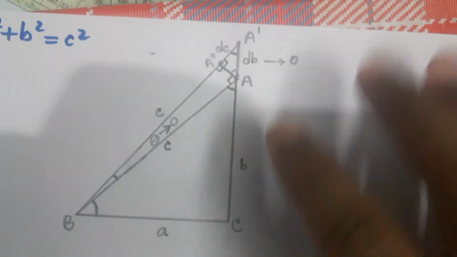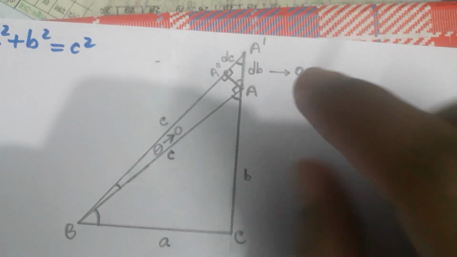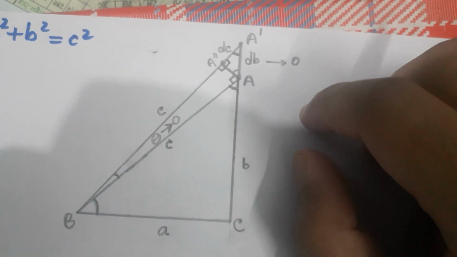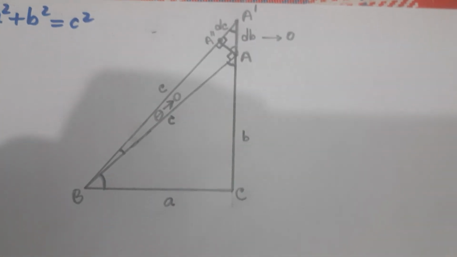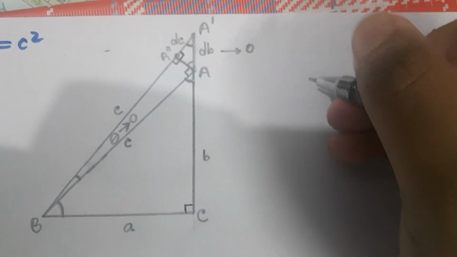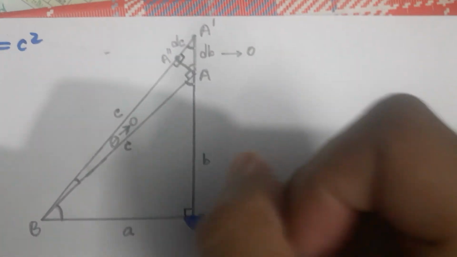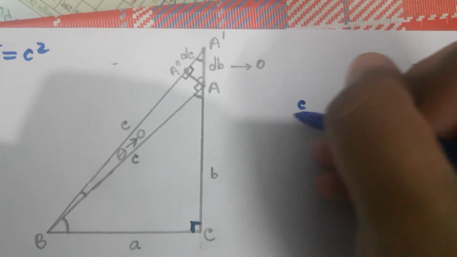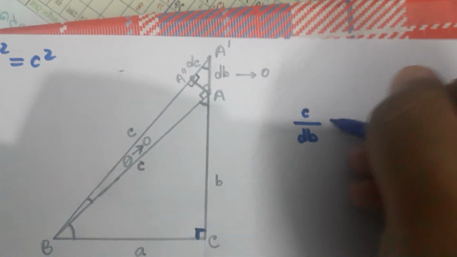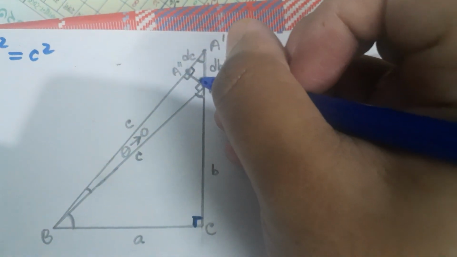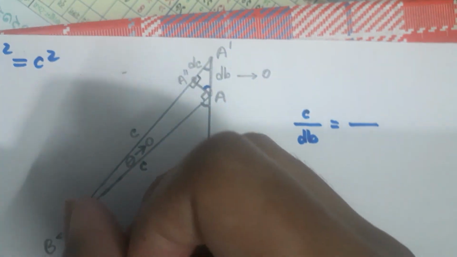We can say that ABC and A dash, A dash dash, A double dash are similar triangles. When I say they are similar, I mean the ratio of the opposite sides will be the same. This here is c and this here is db, and this angle here is the same as this angle here.